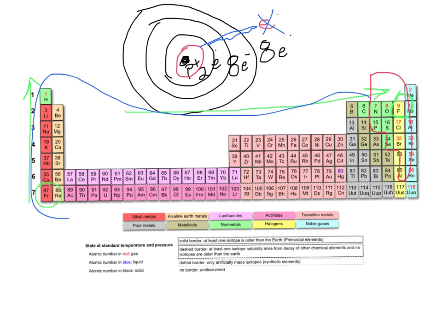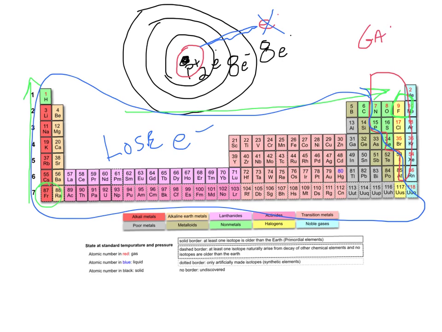All of these here will form positive, and positive ions are called what? Cations. So all of these over here are going to form positive. They are going to lose electrons. And this tiny little area right here is going to gain electrons.